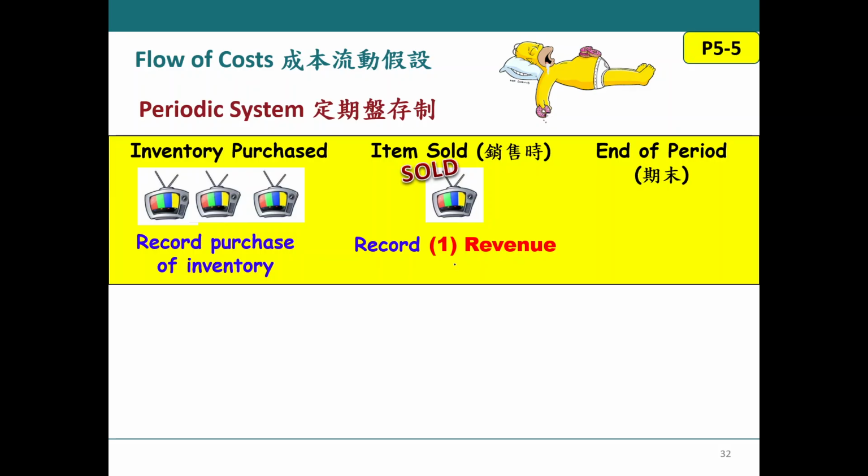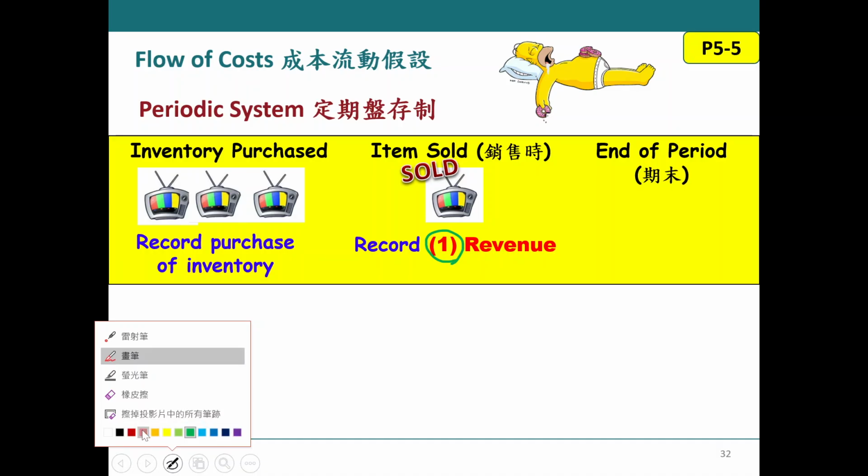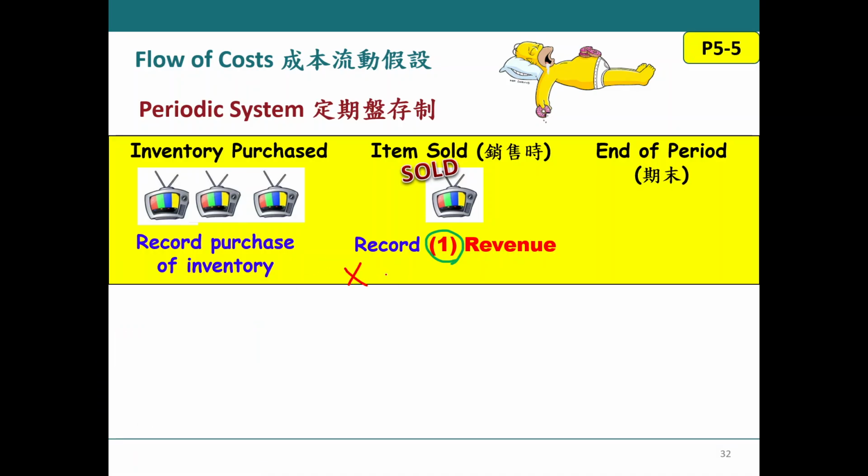So periodic 定期盘存制, lazy guy, you just record one thing, okay? You don't record cost of goods sold. Why? Because that's difficult. So you don't want to do it. You just pick the easy one, okay?